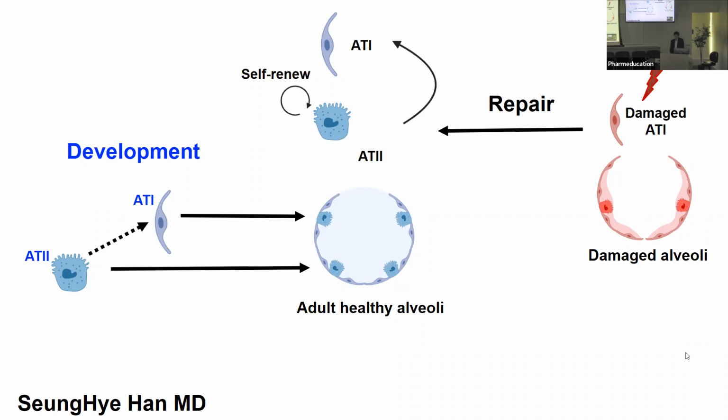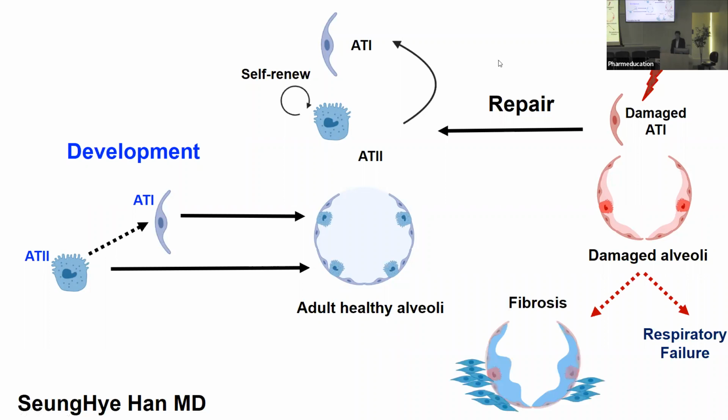Once you have a damaged alveoli, you have two choices. The damaged alveoli can repair itself and go back to homeostasis, or you can get fibrotic lesions, as with asbestos, or you get really bad respiratory failure and you never get off a ventilator. And unfortunately, the patient dies, right?